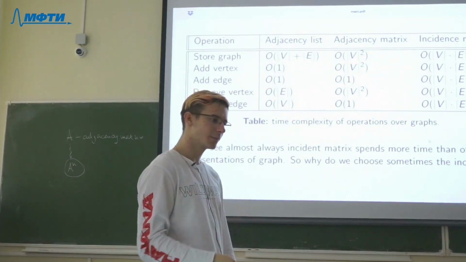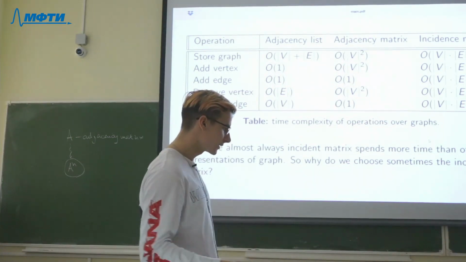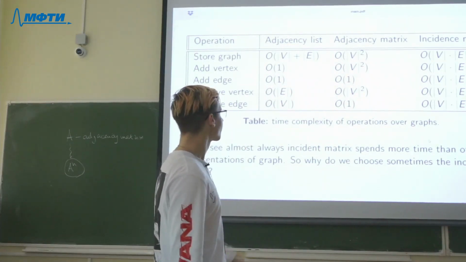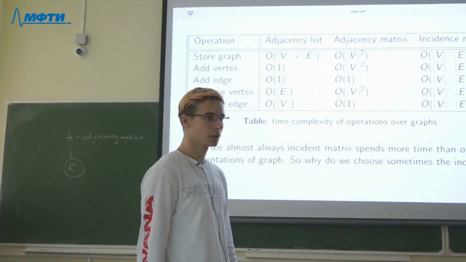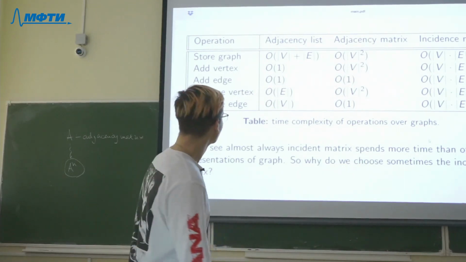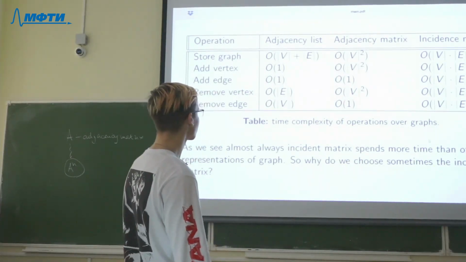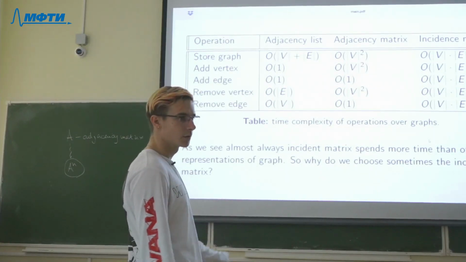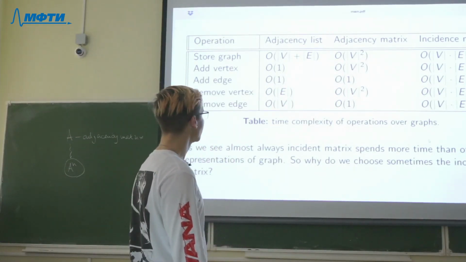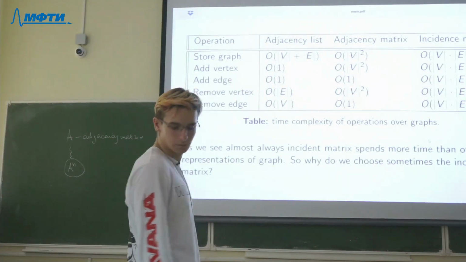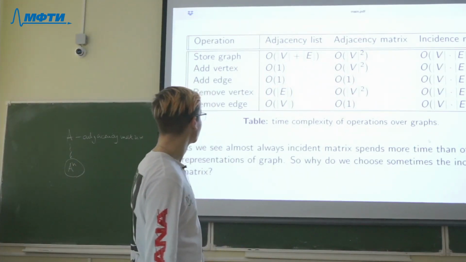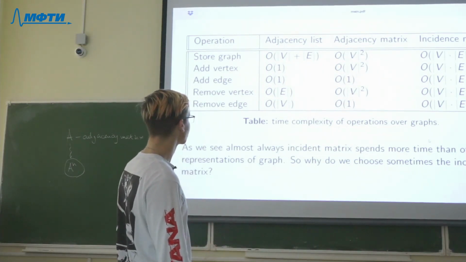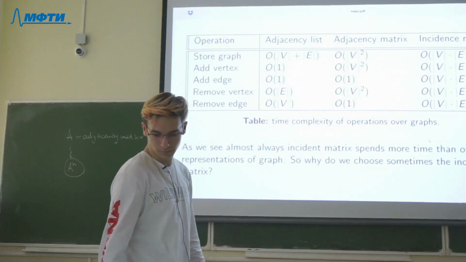And for example, this algorithm uses one of these concrete representations. So if an algorithm has no specification about representation of graph, you can use whichever one you want, and that has better complexity advantages.